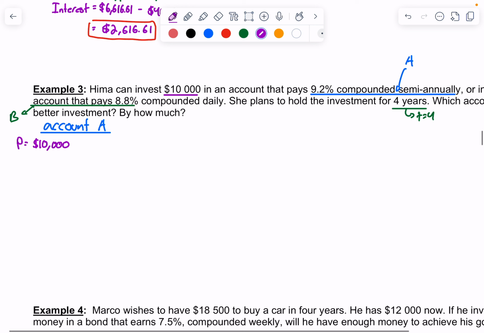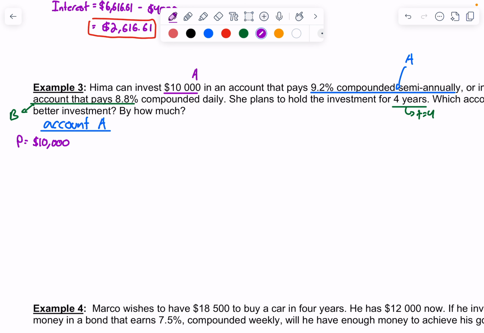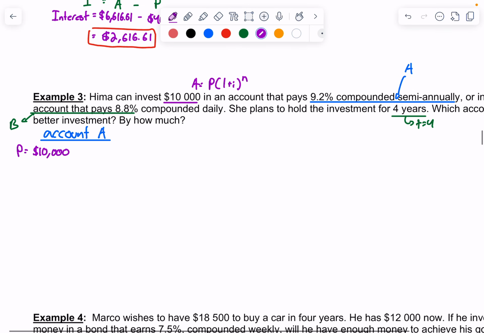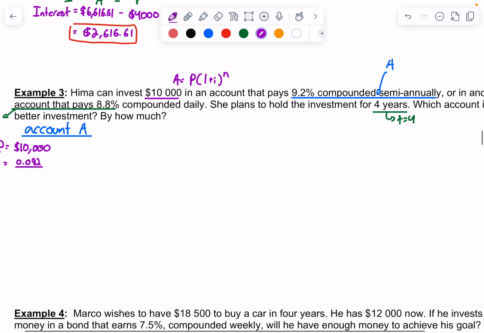Again, think about the formula you need. You have A equals P(1 plus I) to the power of n. So you have to think, where do I get these values from? We need an I. Well, the I is 9.2%, so that's 0.092. But you have to divide it by how many compound periods there are.